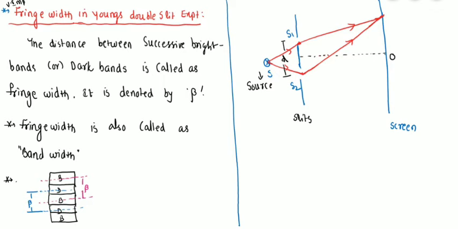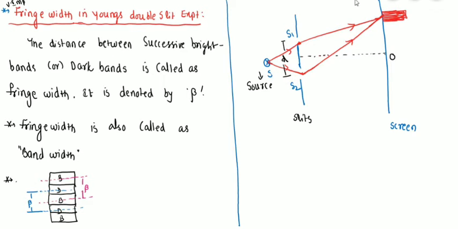You see here the light started from S1 and S2, and they are meeting at point P. At the point P, you may get a bright or dark band based on the superposition. This is either a bright or a dark band.